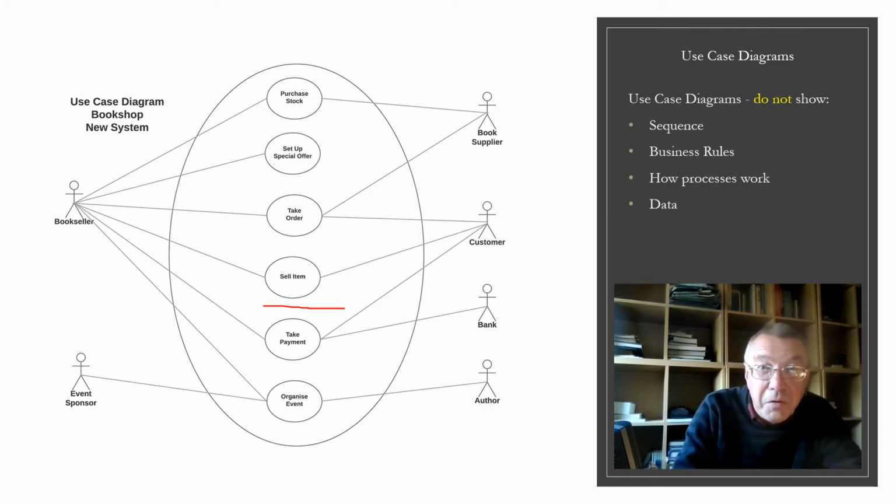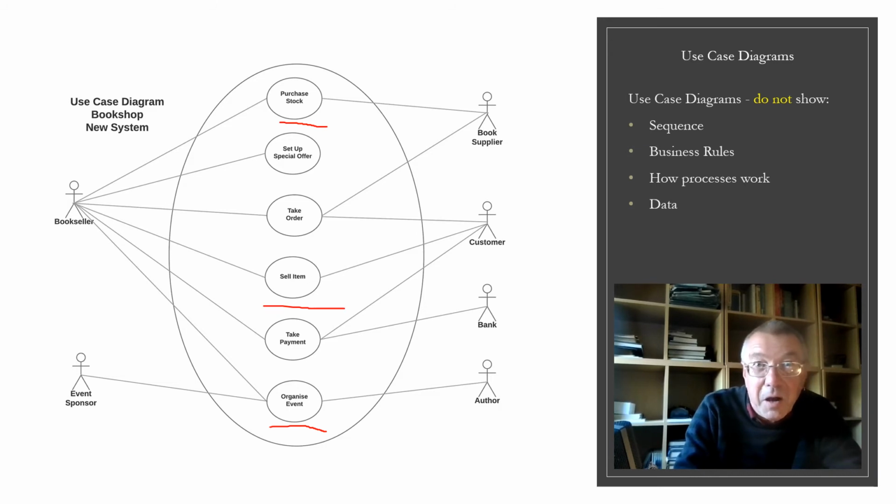They don't show the detail of how processes work. So when it comes to, say, organise an event, it doesn't show what the detailed steps involved are. And importantly, it doesn't show a key aspect of systems very well, the data that you need to hold. For example, when you purchase stock, what information do you need to hold within the system?